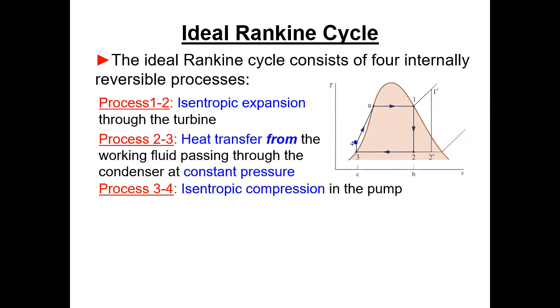So note, it's the pump that really establishes the high pressure. The highest pressure point in a real cycle is at the exit of the pump, because a real cycle is going to have pressure loss all the way through there. So that's how we get to the high pressure. We just put in a bigger pump, or a stronger pump, if we want to go to a higher pressure.